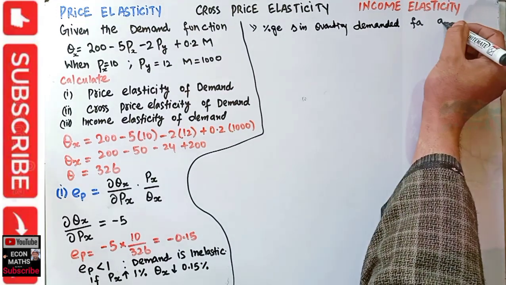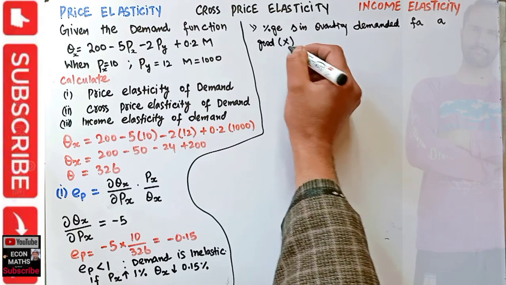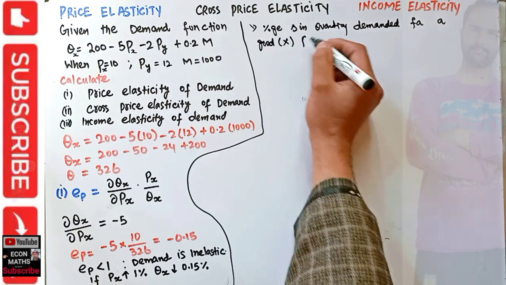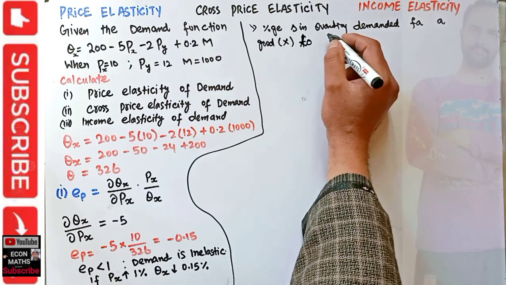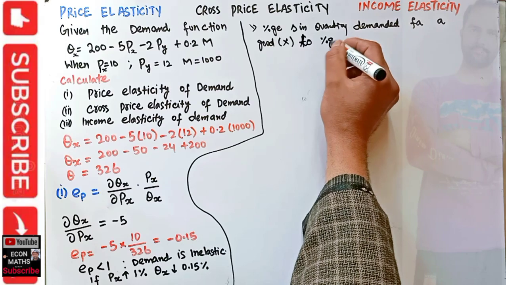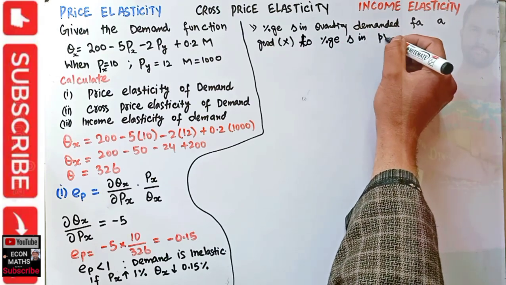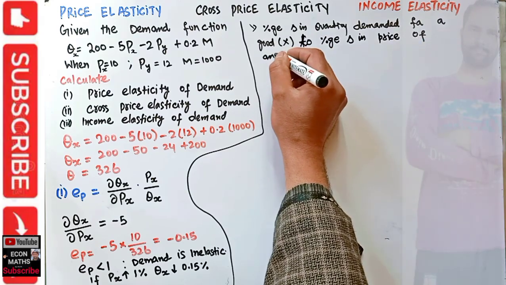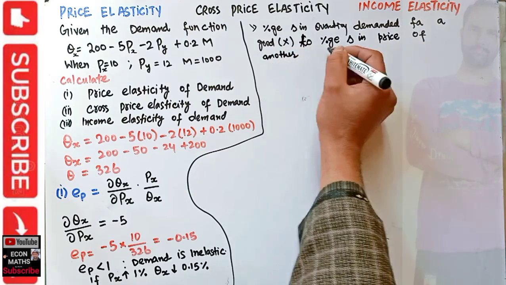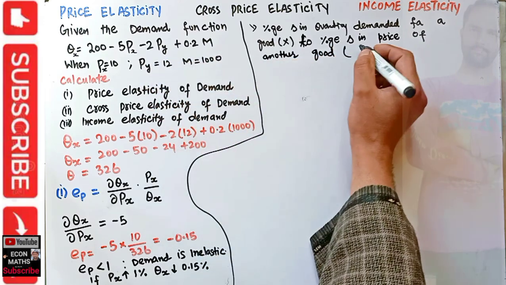for a good, here it is X, to the percentage change in price of another good. And what is our another good here? The price of another good, that is Py.